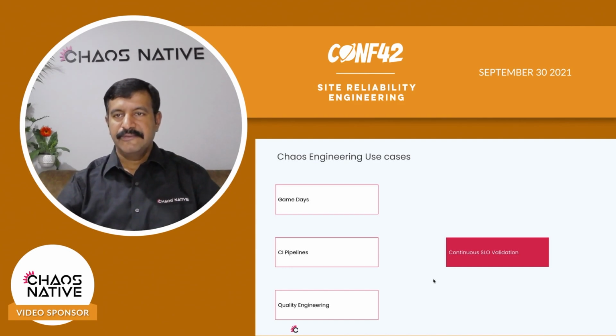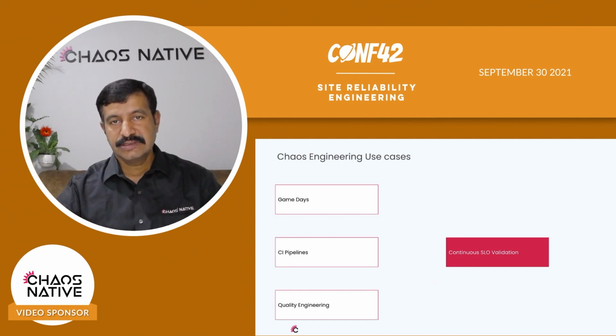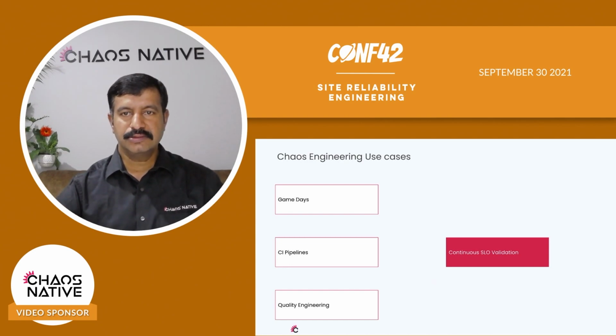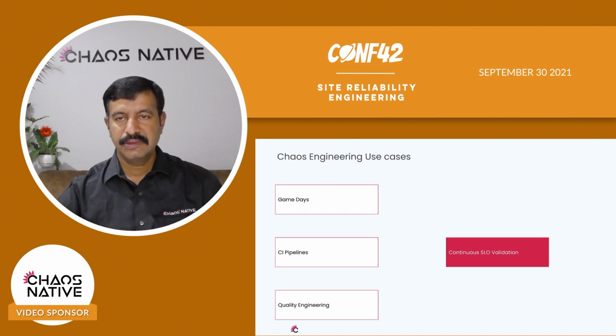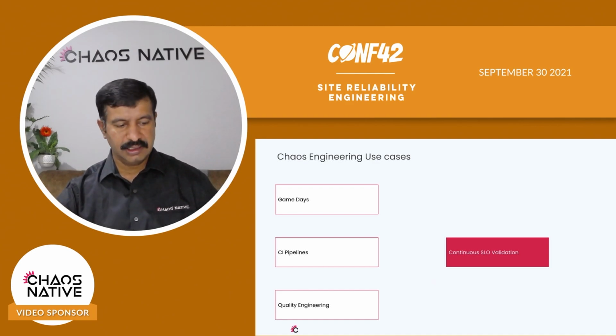So what are some of the chaos engineering use cases? We would have heard of game days where you try to surprise the operations team through some game days, and that's generally how you start chaos engineering.